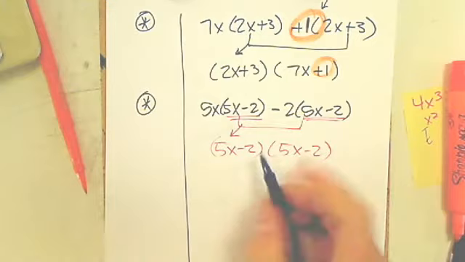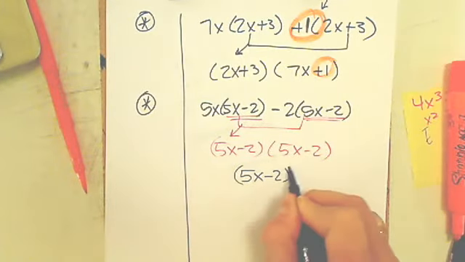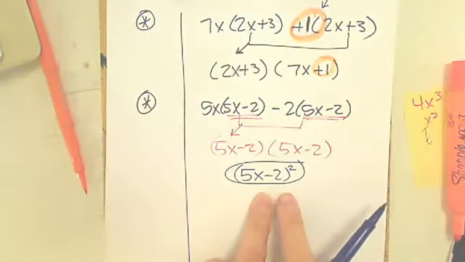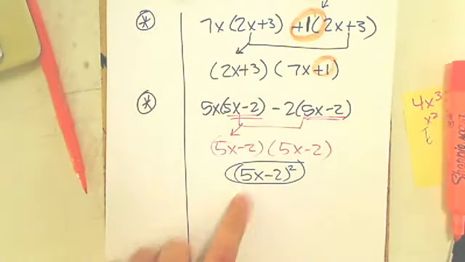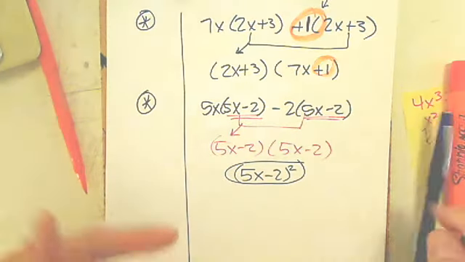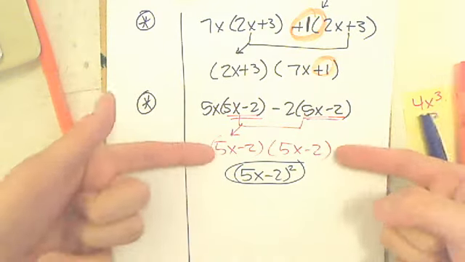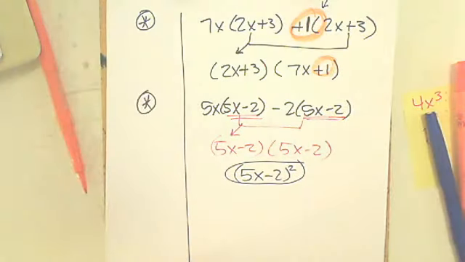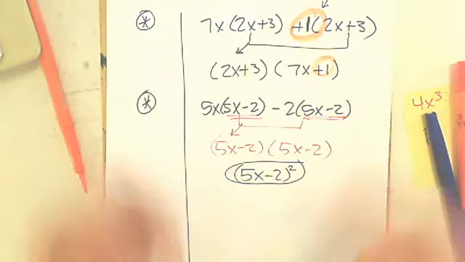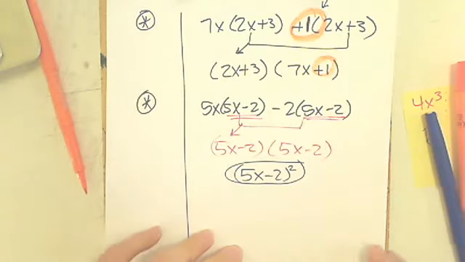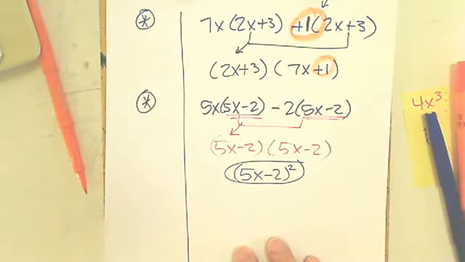This is okay, but this answer is better, because this is what you're expected to know: 5x minus 2 squared. If you go backwards, when you expand it, it becomes this. You're going backwards. These are the facts of the problem. Okay, questions on those two?